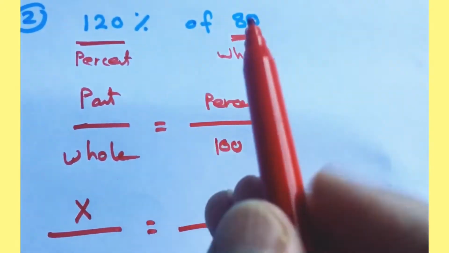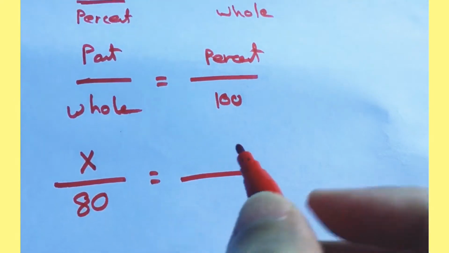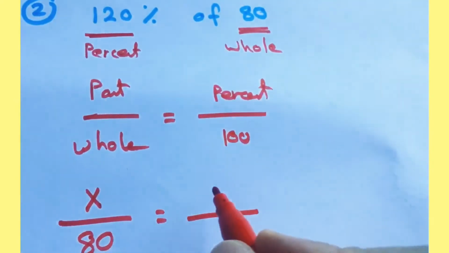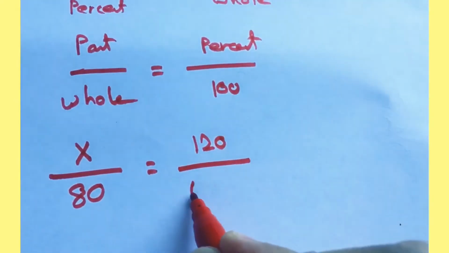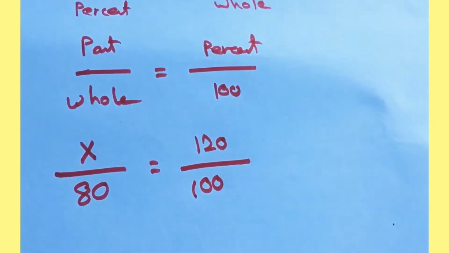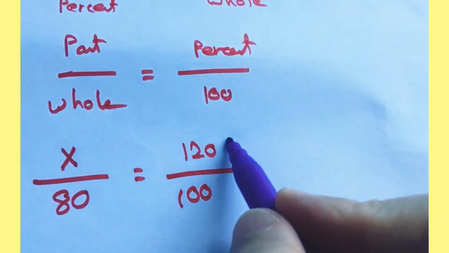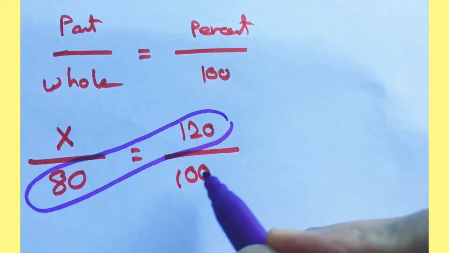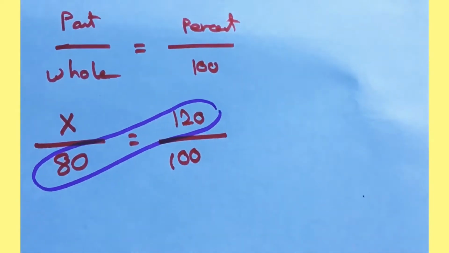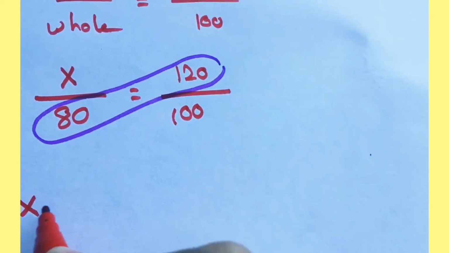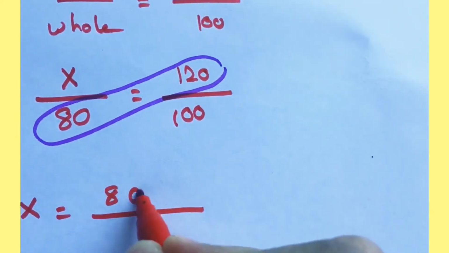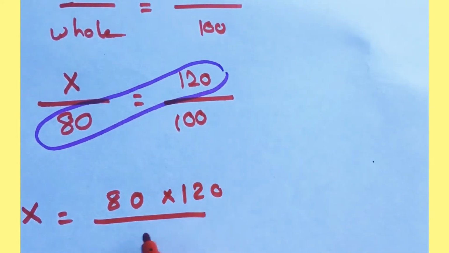What is the whole? The whole is 80, so I'm going to put 80. Now what's the percent? It's 120, and 100 down. Like in the previous question, I'm going to multiply these two numbers together and then divide by this number. So x equals 80 times 120 over 100.